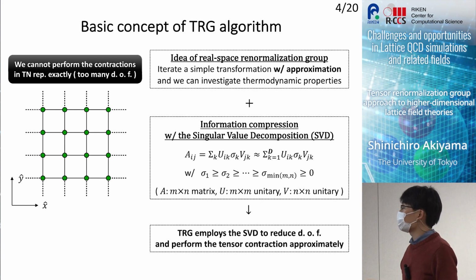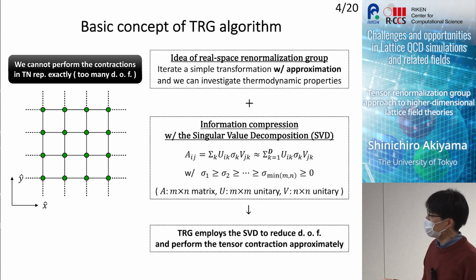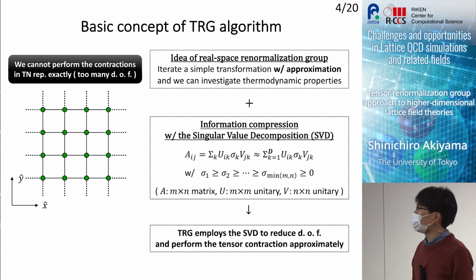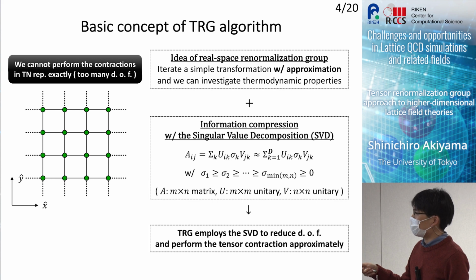And by truncating these singular values up to, say, D, we can construct the best approximation of the matrix norm of the original matrix A. And this is also called a low-rank approximation of the original matrix A.